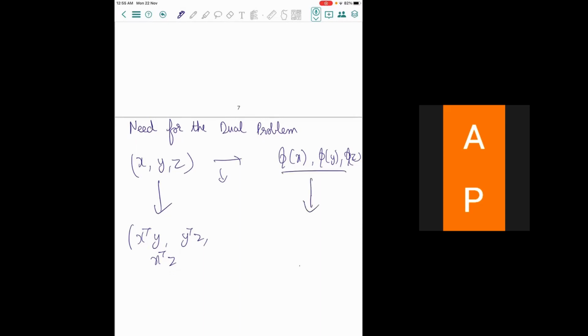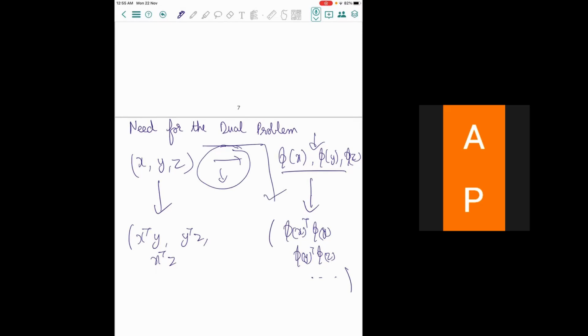So solving this is the same as solving phi x transpose phi y, phi y transpose phi z. Using these, if we solve the dual problem, we'll get the same solution as what we get in this one. But we already said it's computationally costly to go from here to here. Going from here to here and then to here is even more computationally costly.